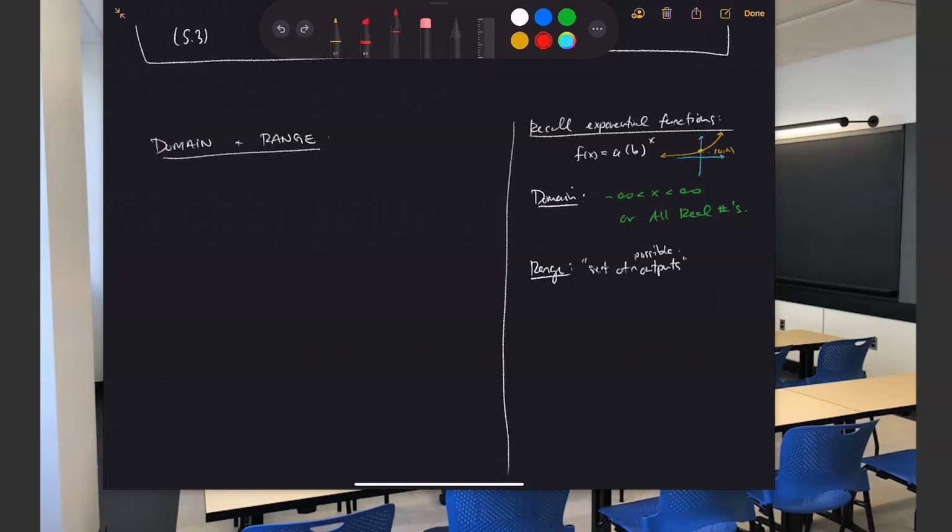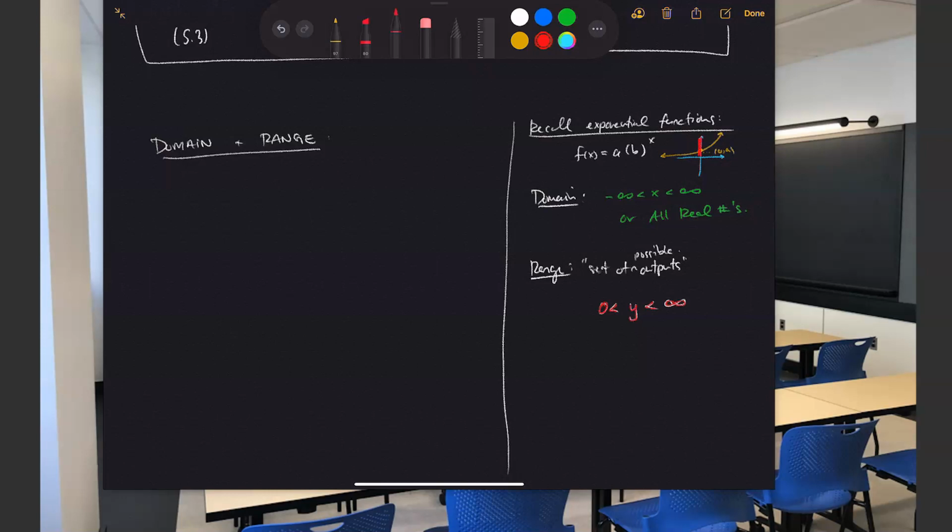Right, so we see that all y values are going to be stuck between 0 and positive infinity, right? Because we're talking about just these values up here, and it doesn't go beneath. Why is that again?